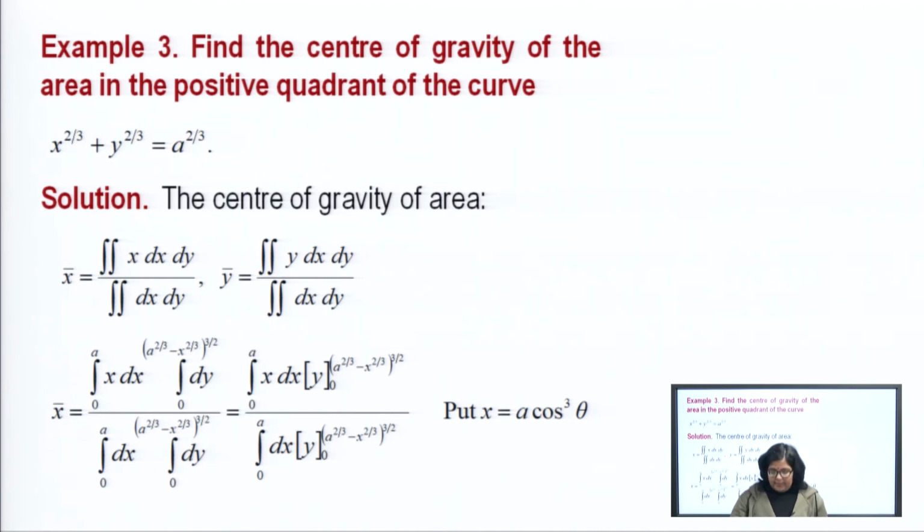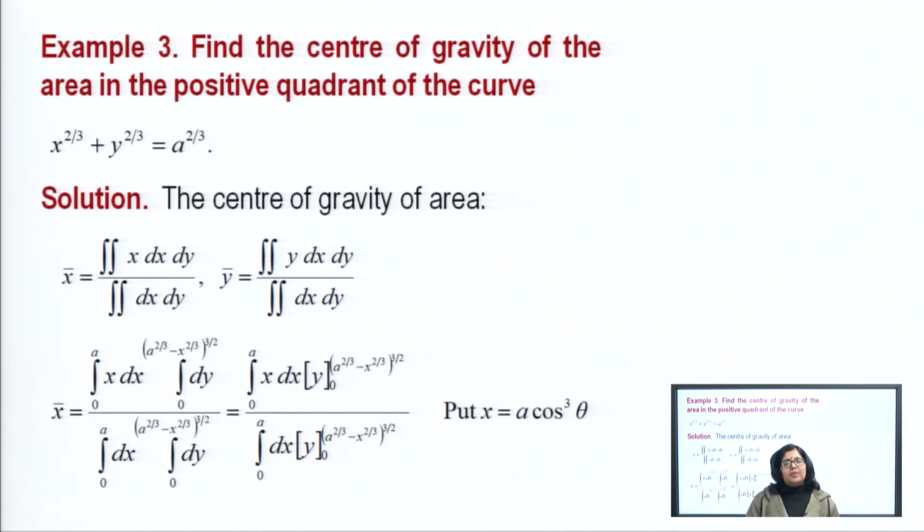In this example we can see that the density rho is constant. In the first slide we wrote the formula with rho, using rho in the center of gravity, but here the density is 1. So, we write 1 in place of rho.